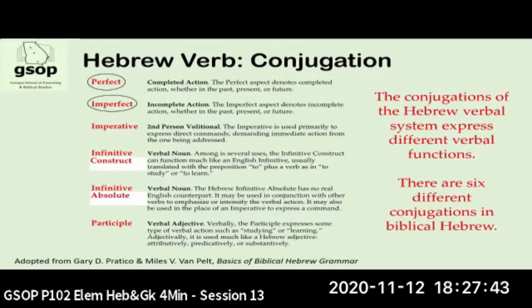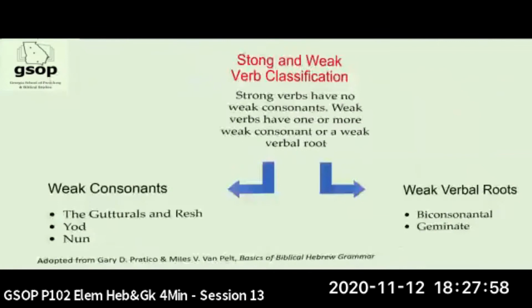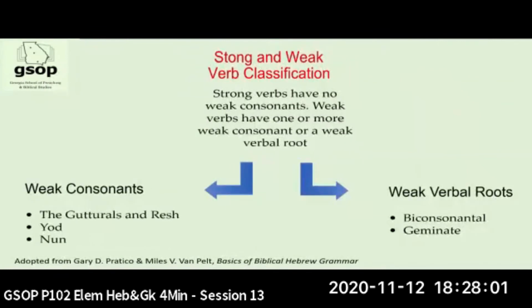Verbal adjective would be a verb that has an adjectival function to it. We touched on it. We talked about it in the Greek, but it's also in the Hebrew. It's also in English. This is nothing new if you have some familiarity with English grammar. Same kind of stuff.